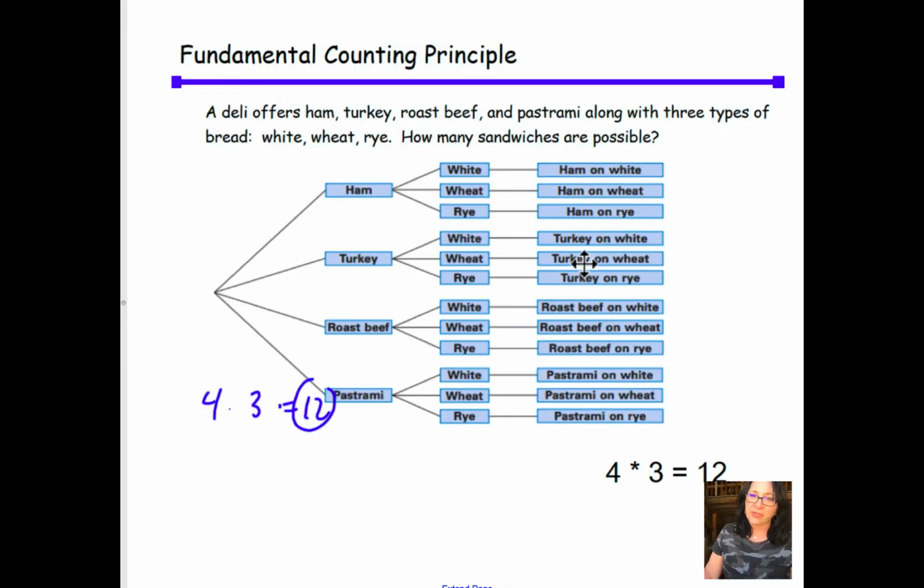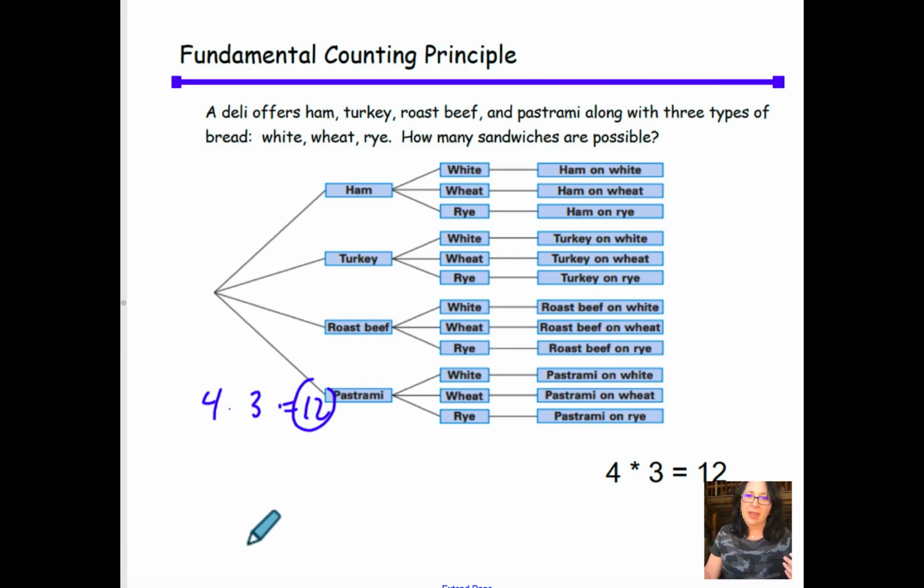So this is just a screen that shows you a sort of flow chart layout, if you went to another establishment, another deli. We have ham, turkey, roast beef, pastrami. That's 4 different types of meats. And then you could just have the different types of bread.